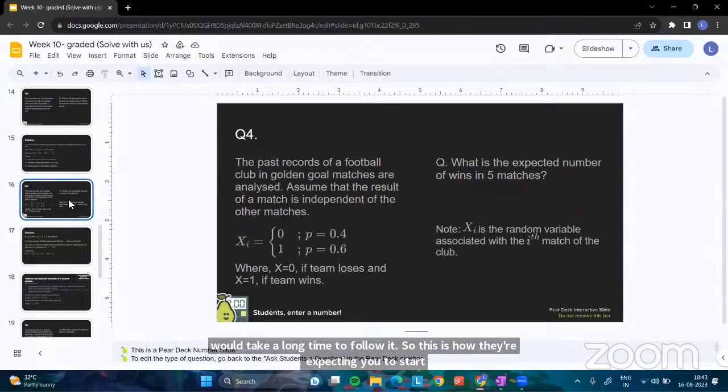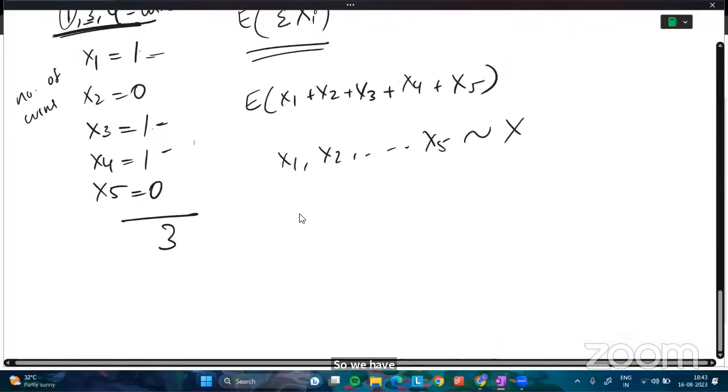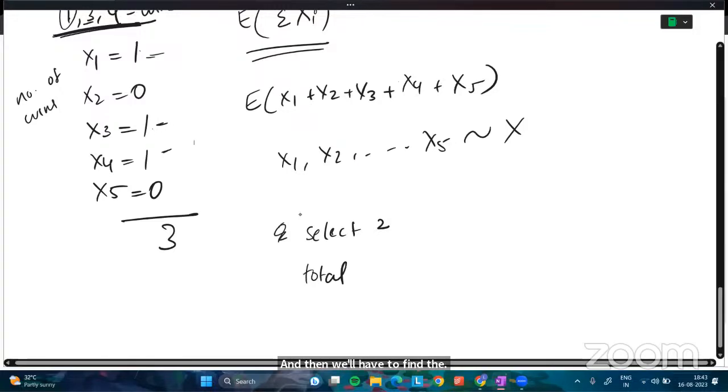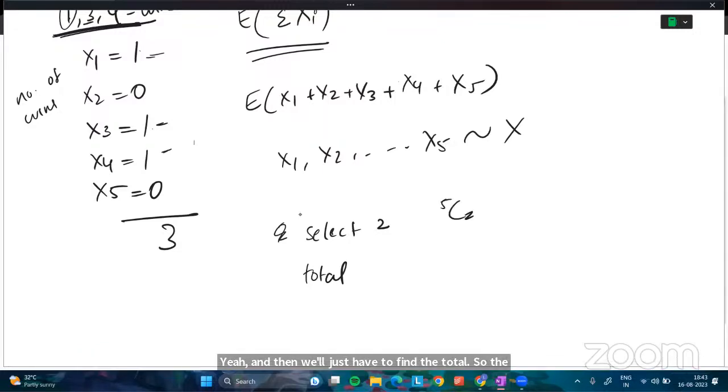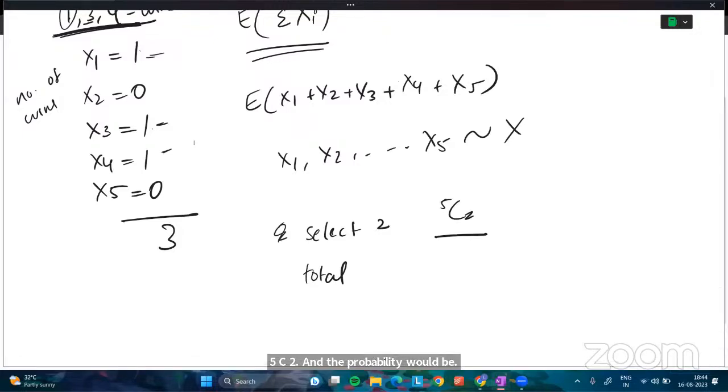Ma'am, what is the probability of winning 2 matches? So we'll have to select 2 matches from the 5. First, we'll have to select the 2 matches, and then we'll just have to find the total. So the 2 matches which it'll win would be 5C2, and the probability would be over the total.